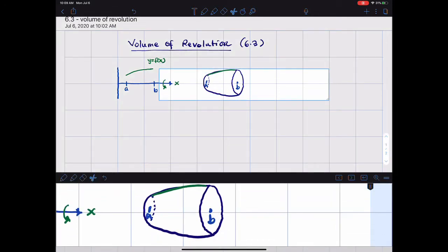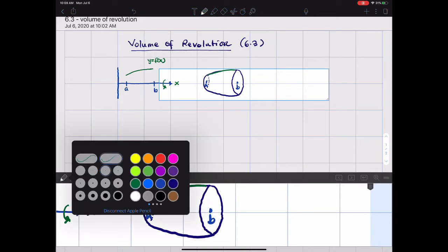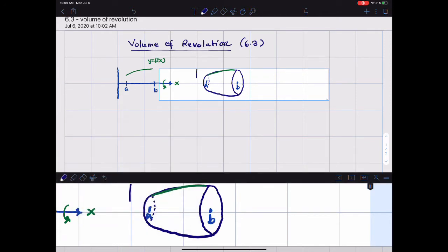So you have your figure again, over here. So this is your x-axis.